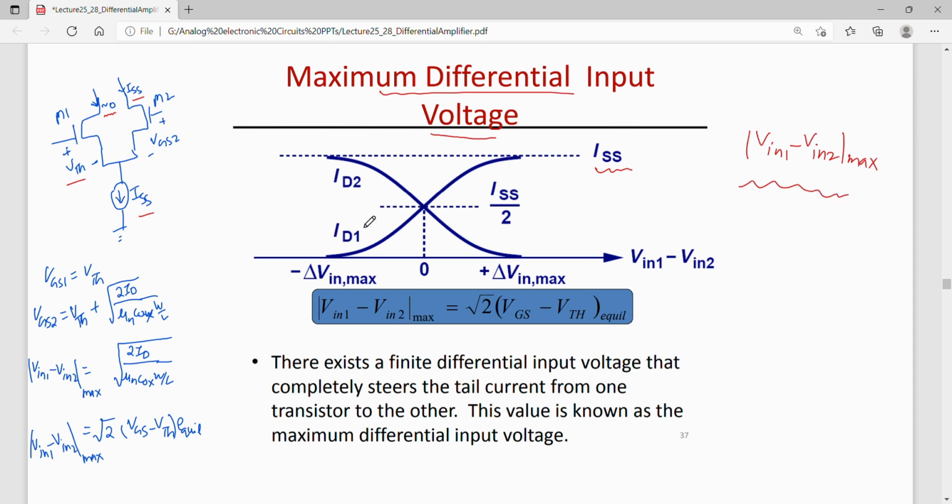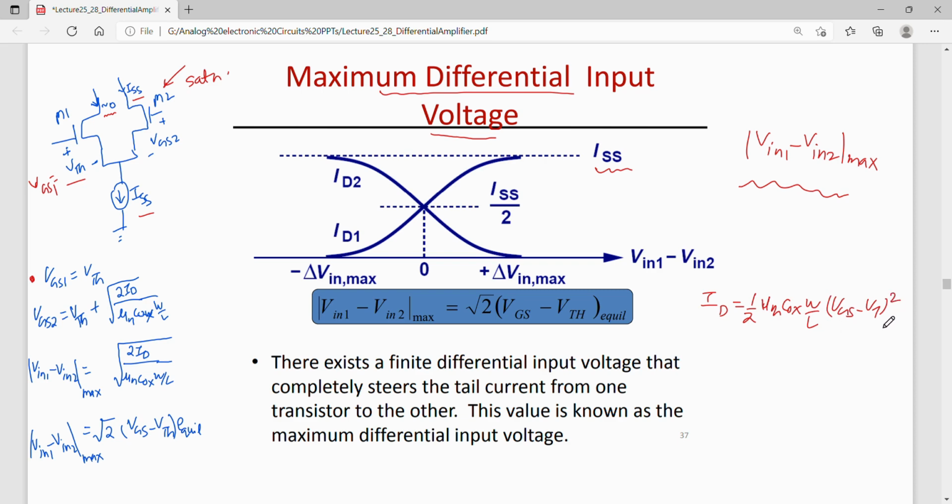Now to find out this maximum differential input voltage, one can consider a few things. That is VGS1. So one can find out that VGS1 is VTH, okay, number one. Then VGS2, assuming that M2 is in saturation, one can write again the equation for the current in saturation, that is ID equals 1 by 2 mu n Cox W by L (VGS minus VT) whole square.